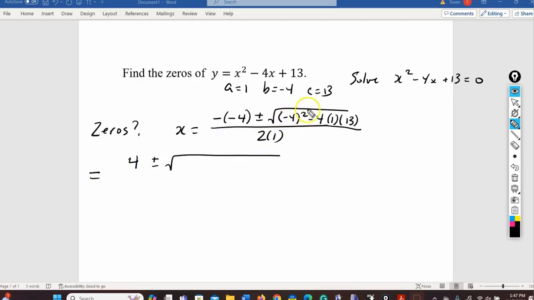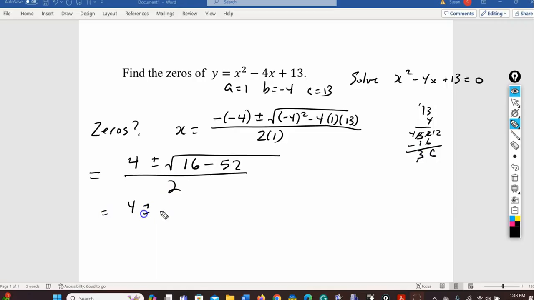Negative 4 in parentheses all squared is positive 16. And 4 times 1 is 4 times 13. So that's going to give me minus 52. And let me just do it like this first. All right, so I'm going to have 4 plus or minus the square root of negative 36 in there.